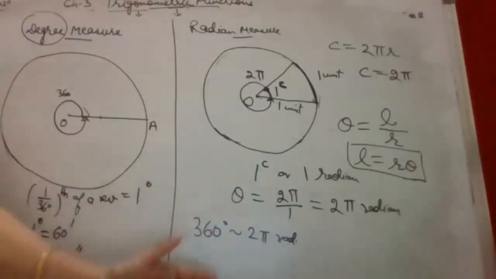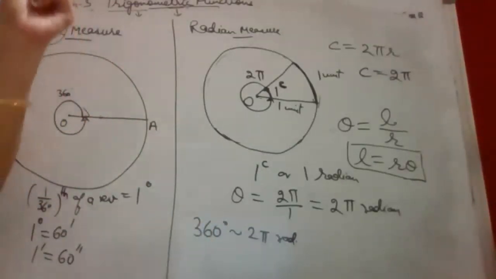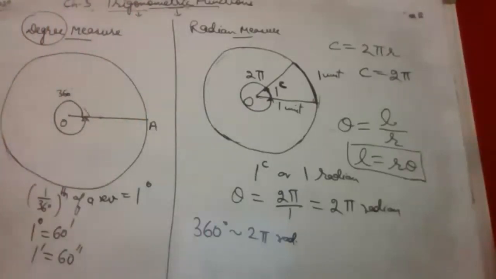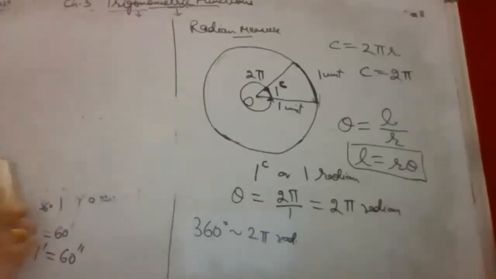But we will not always divide it like this and find out. That will be a complicated process. So we have a proper formula for that. Let us see what formula we have to convert degree to radian and radian to degrees. Now we are taking the relation between radian and degrees.